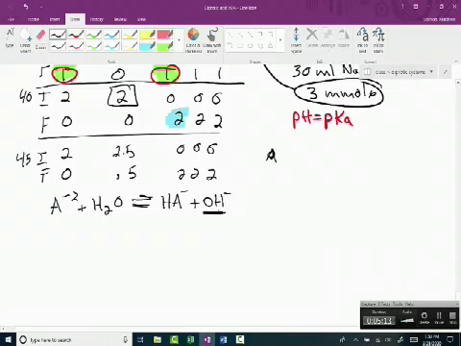Note the OH minus. I make an ice table, and now I have 2 millimoles, but I can't do an ice table with millimoles, so I divide by the total volume, which is 60 milliliters, and 2 divided by 60 is 0.0333 molar.